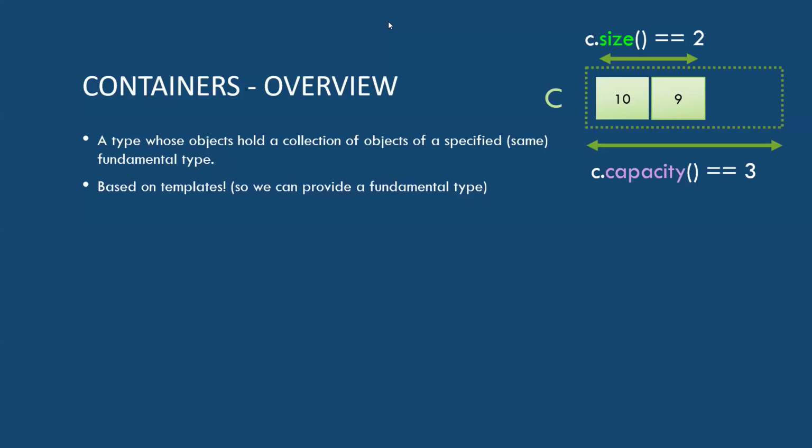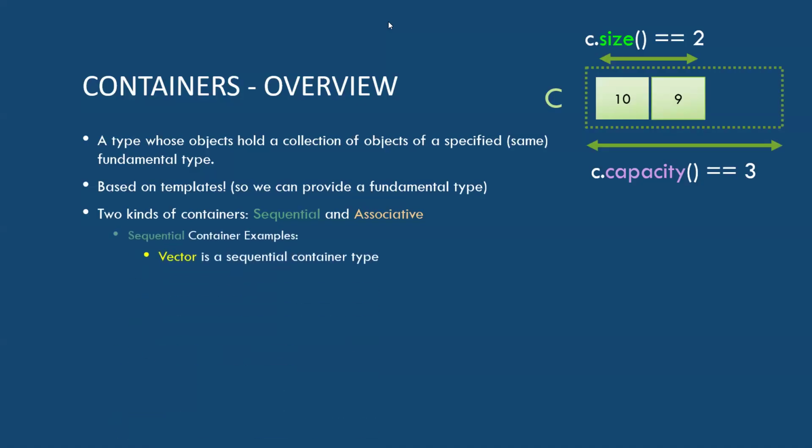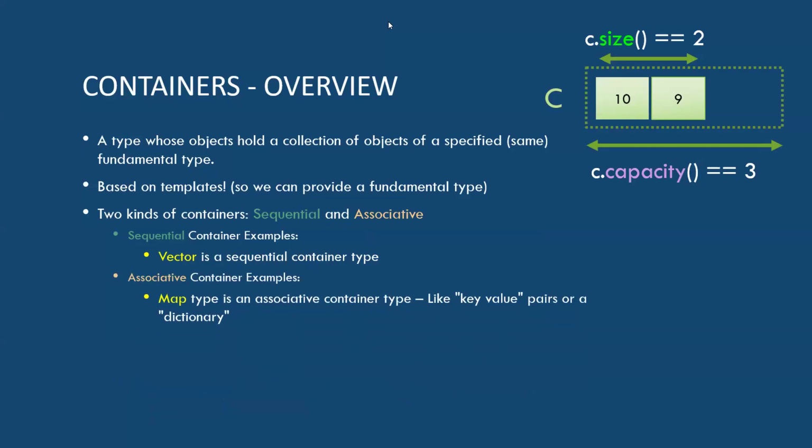And of course, all of our containers are going to use templates, but they come in two kinds. Sequential, you think of it as you as a programmer decide the order in which things go in. So a vector is a sequential container, a string is a sequential container. A map, or a dictionary for Python folks, or a hash table for algorithms folks, is an associative container.